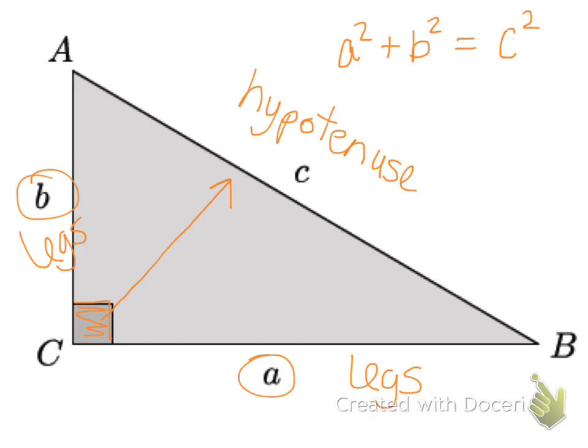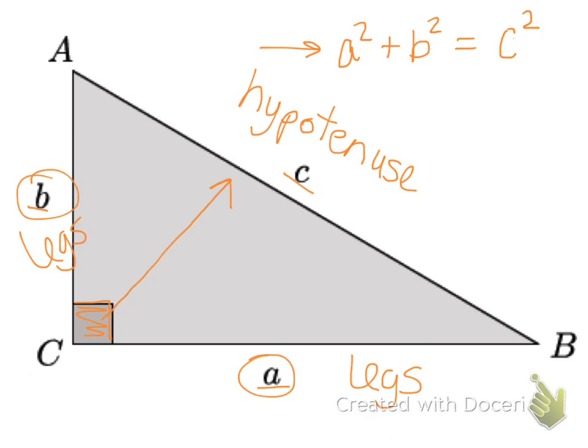When we did problems with this before, we were missing one of these. We were either missing the hypotenuse or maybe we were missing one of the legs. But whichever one we were missing, if we knew the other two, we could use this relationship, a squared plus b squared equals c squared, and solve for the missing length.